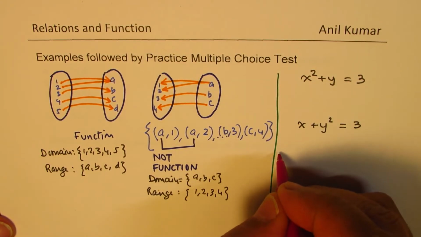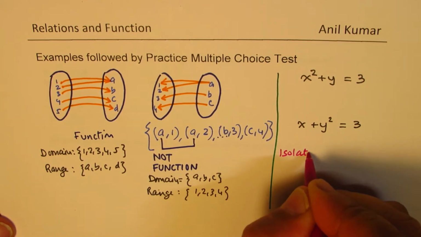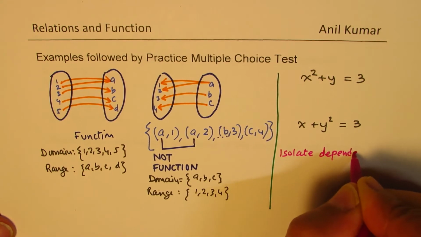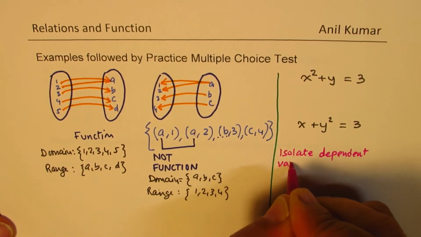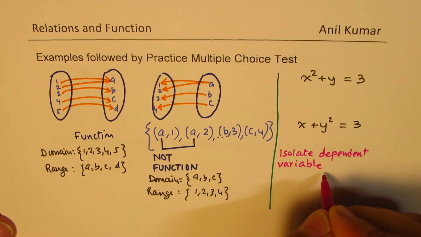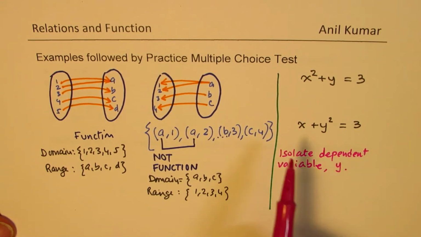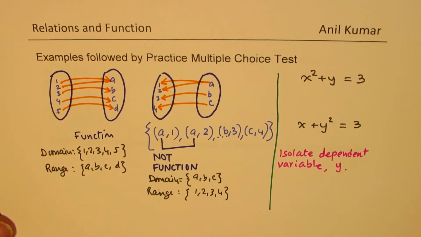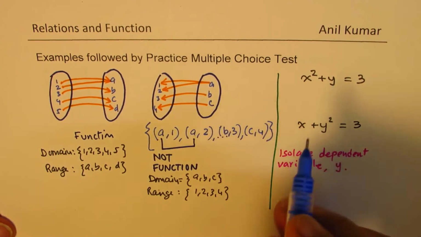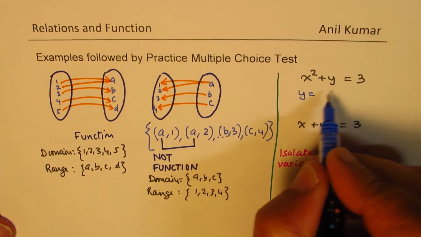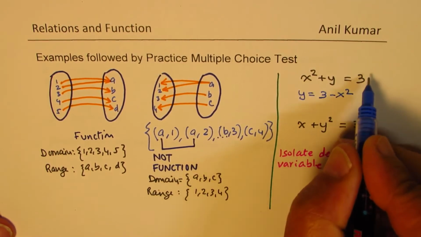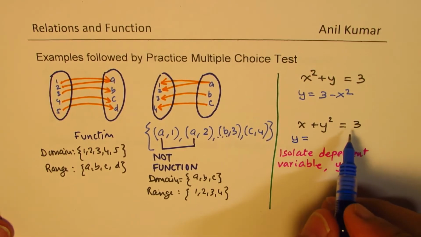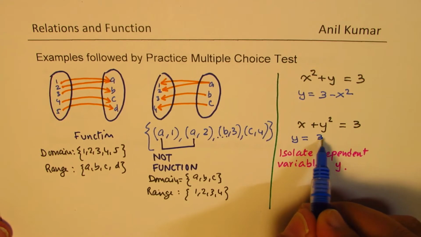We need to isolate the dependent variable, which is y in our case. So whenever x and y are given, we assume x to be independent, y to be dependent. Okay, so if I isolate, I do get what? I get y equals 3 minus x squared in the first case, and in the other case I get y squared equals 3 minus x.